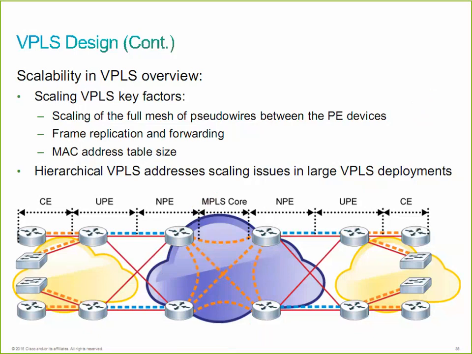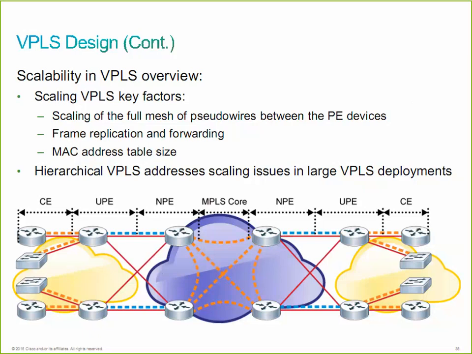The second bullet point is frame replication and forwarding. We already talked about how VPLS forwards Ethernet frames by using MAC addresses, very much the same as you might see with bridges or switches in the past. The switch learns the source MAC address to port mappings, and it forwards the frames based on the destination MAC. If the destination address is unknown, or if it's a broadcast, unknown unicast or multicast, the frame gets flooded to all the ports associated to that particular bridge.